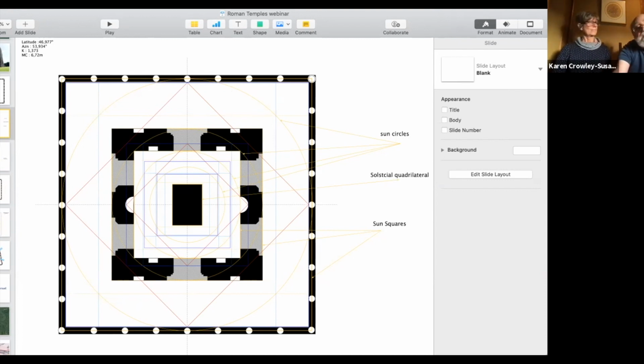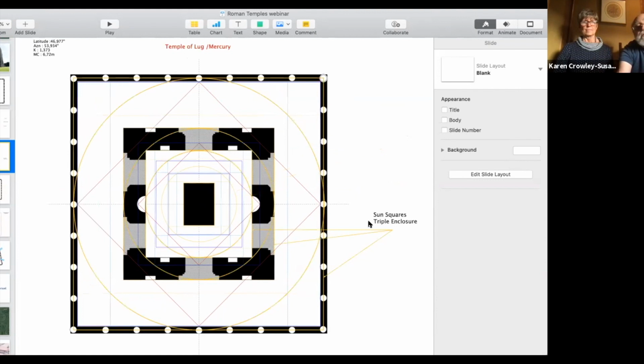I mean, the normal temples of India, normal temples of Egypt, of everywhere, in fact, with the concept of the triple enclosure that you can see here. So you can see one enclosure, the second enclosure, the third enclosure here.